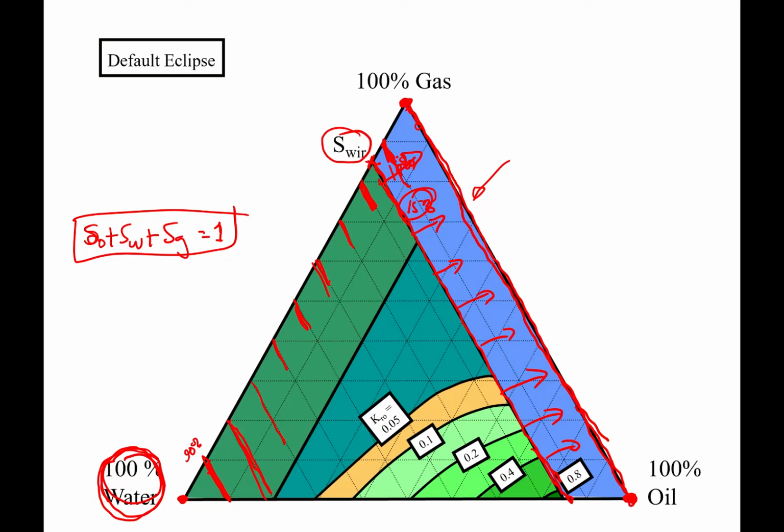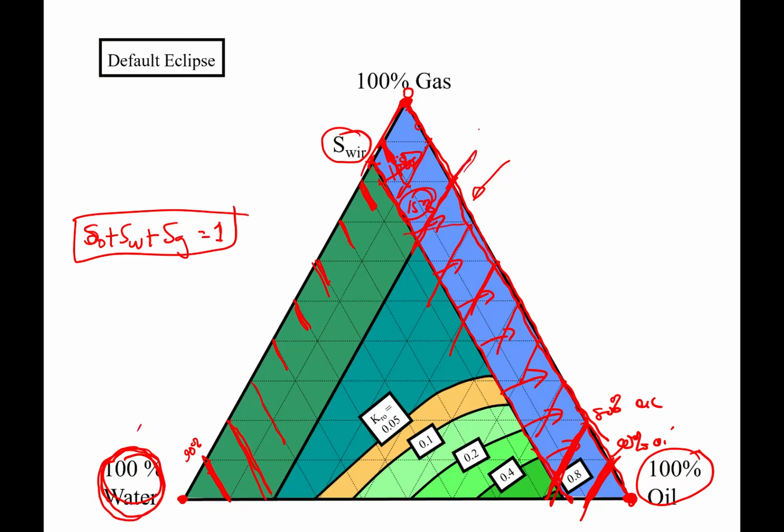How about oil saturation? Same deal. This is 100% oil. So this line is 90% oil. This is 80% oil. 70, 60, 50, 40, 30, 20% oil, 10% oil, 0% oil. And when it's 0%, you can have gas and water, but no oil.